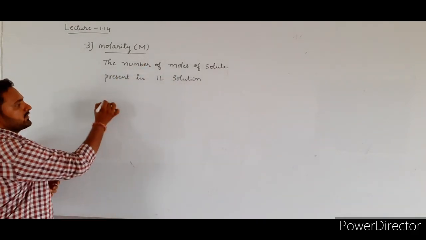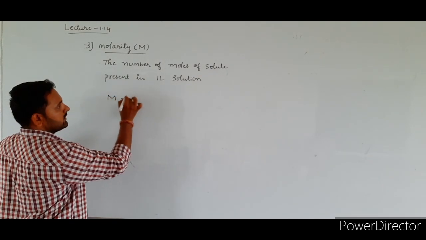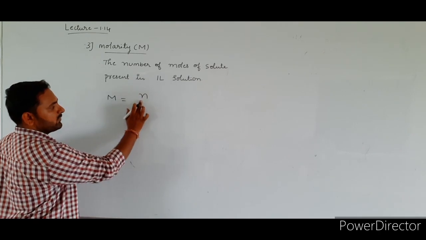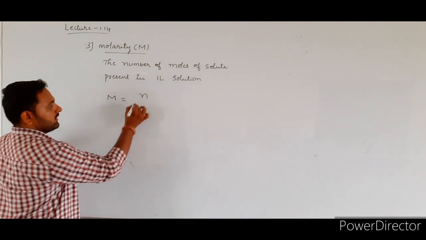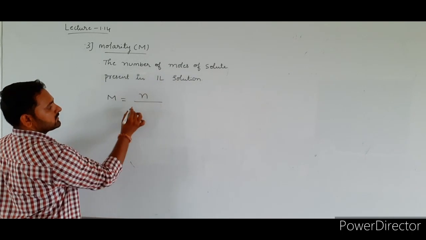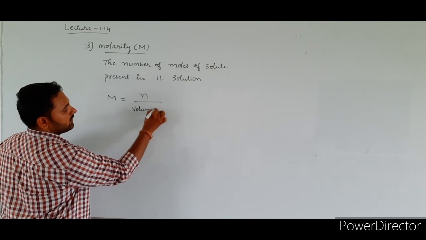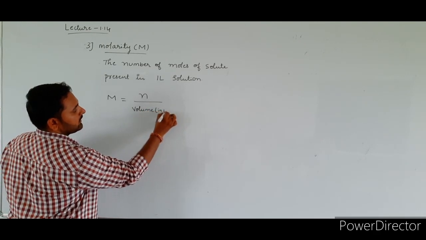The mathematical expression is M is equal to the number of moles, denoted by small n, of solute divided by the volume of solution in liters.